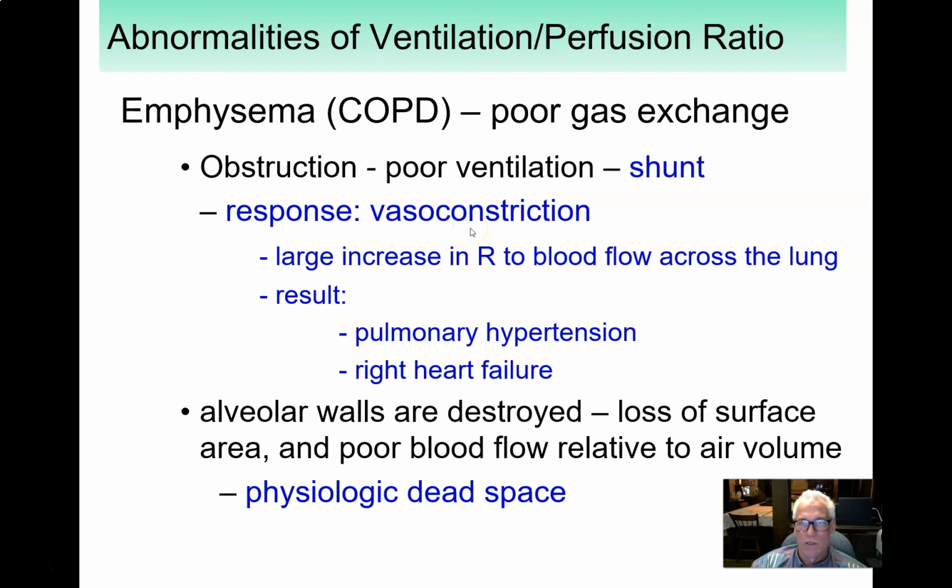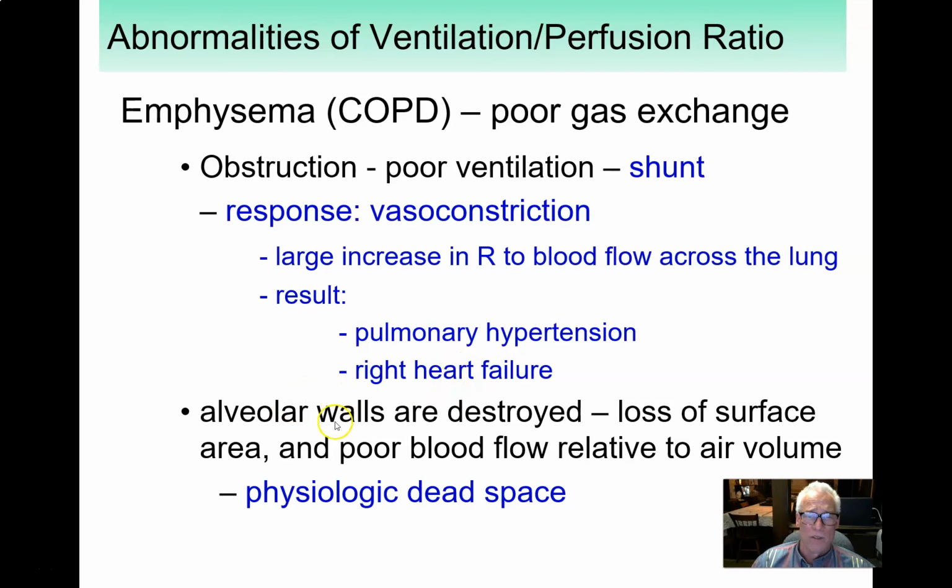Because the arterioles just think it's a spot where there's a bad ventilation area. What happens is that creates a huge resistance to blood flow in the lungs, and as the right heart tries to force the blood through, which it must do, we have pulmonary hypertension, high blood pressure in the pulmonary artery now, and it's going to cause right heart failure ultimately.